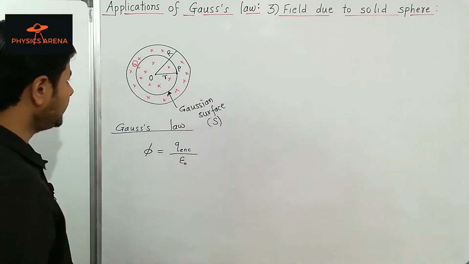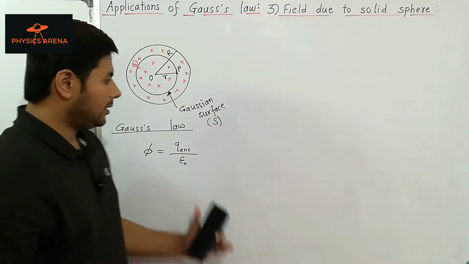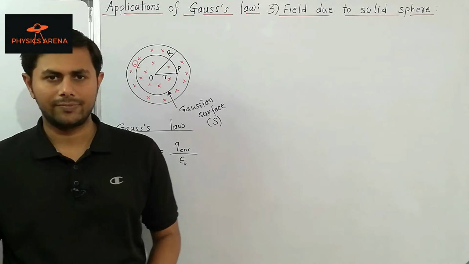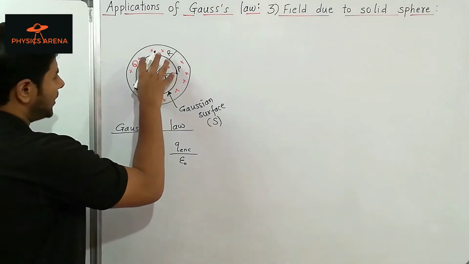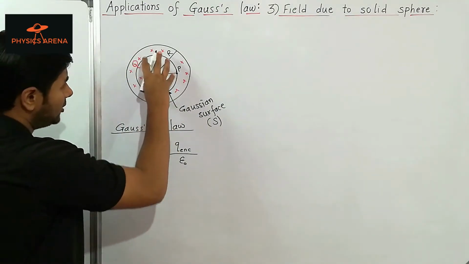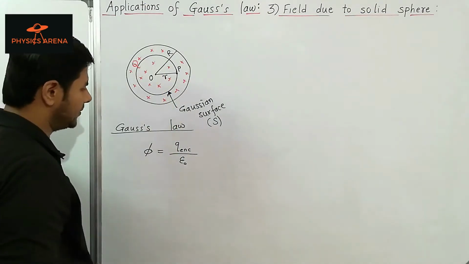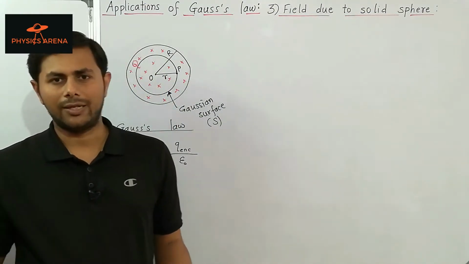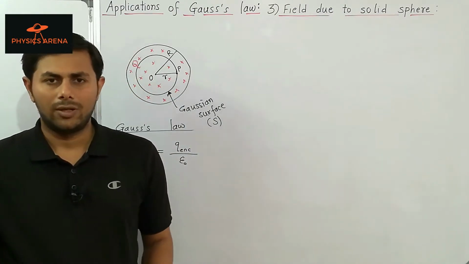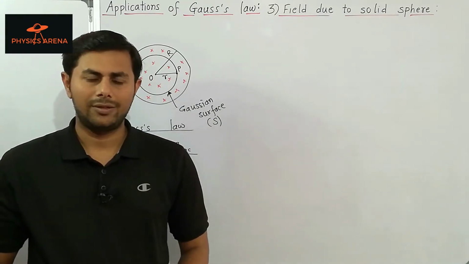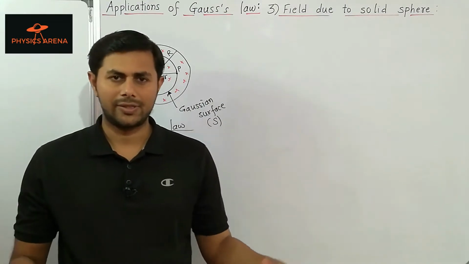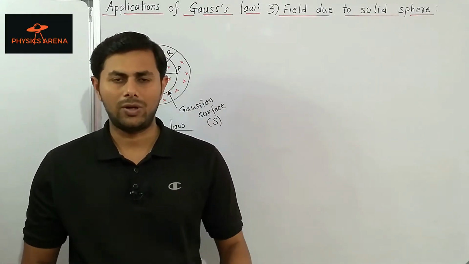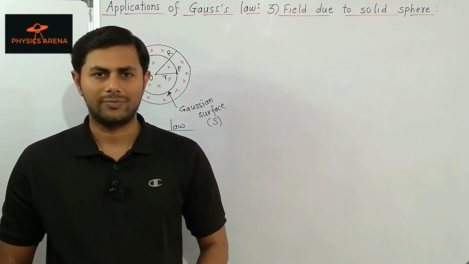Let's call it S. Now in this case, the charge enclosed is not the total charge. It is just the charge inside this smaller sphere, the Gaussian surface, and we need to calculate it. So how do we calculate the charge? We considered that the charge in the solid sphere is uniformly distributed throughout the volume of the sphere.